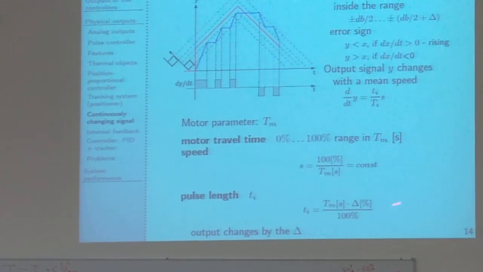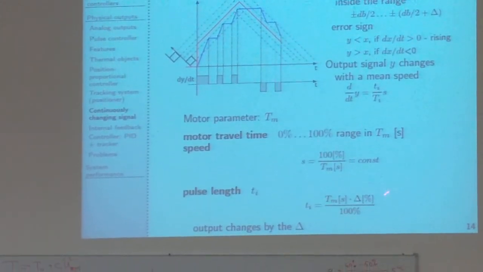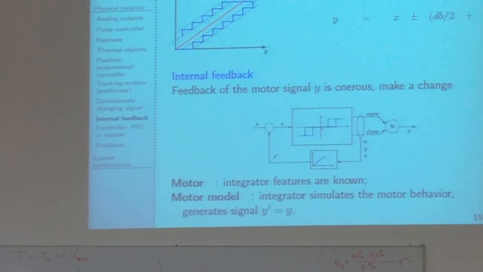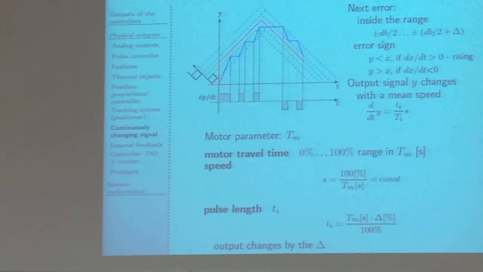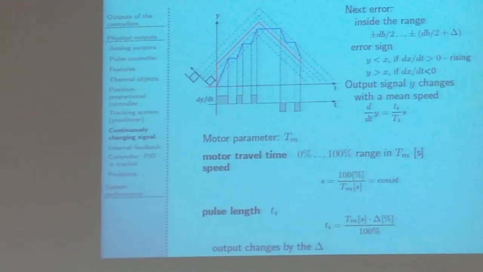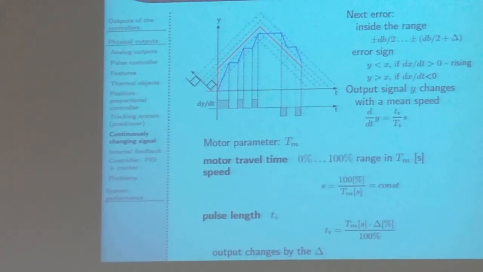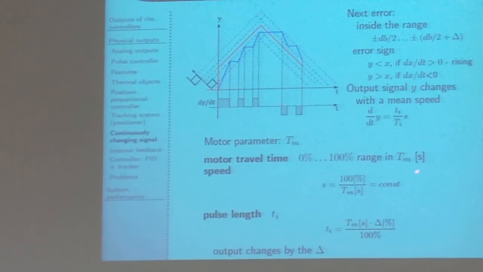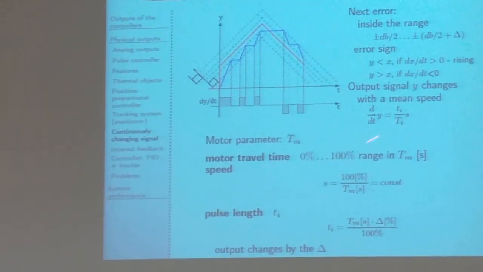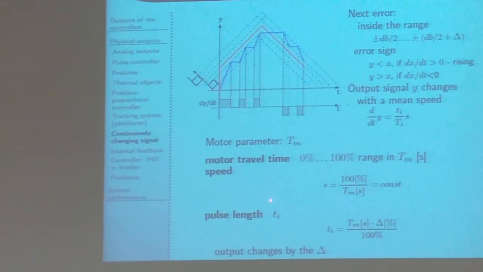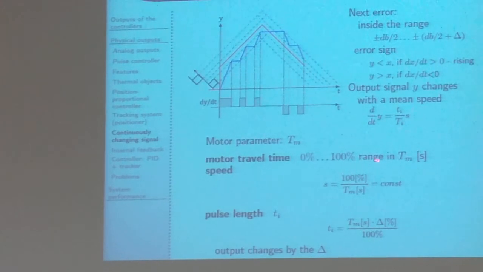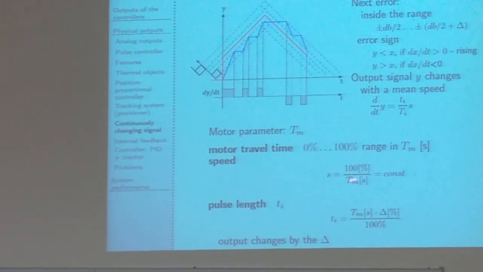So knowing the difference or changes of the output. Sorry? Can you explain, this motor parameter is in seconds, but where is the speed coming from? Okay, we have the distance in between this increment. Yes, the speed depends on what you would like to get.